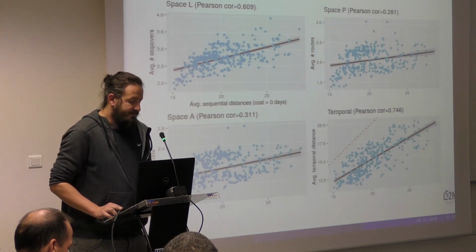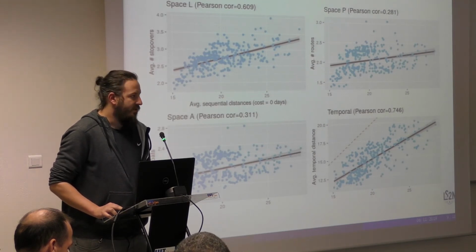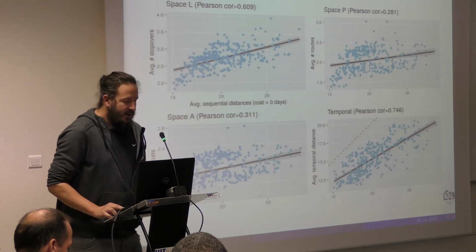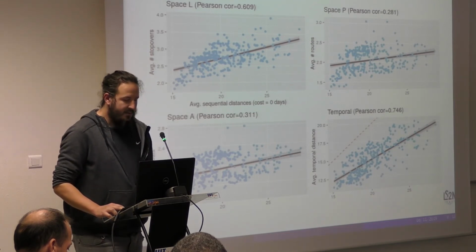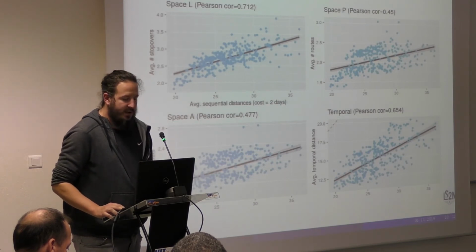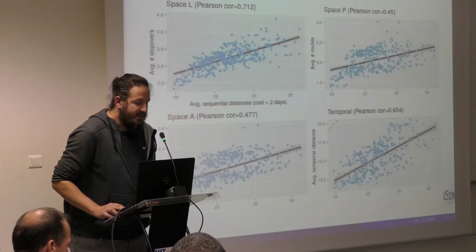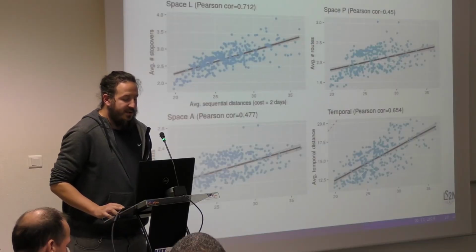But with the static graph, it's actually the number of stopovers that is the best approximation of the sequential distance. This is even more true when looking at the sequential distance with a 2-day cost of stopover. In this case, the number of stopovers, which is in space L, is the best approximation, even better than the temporal distances.